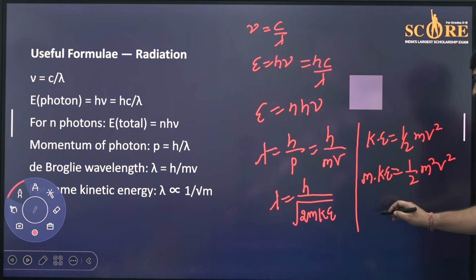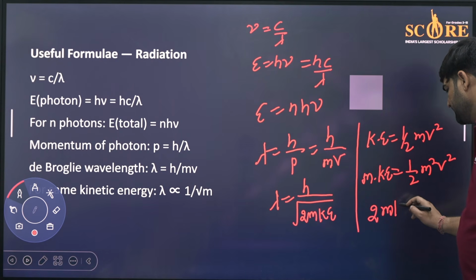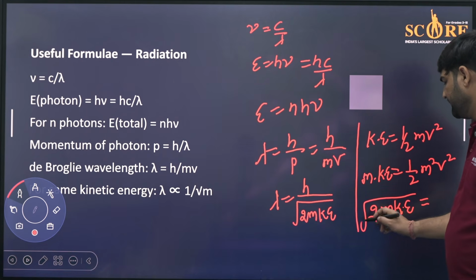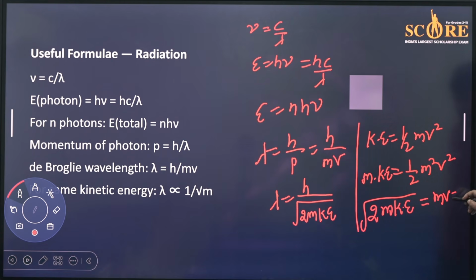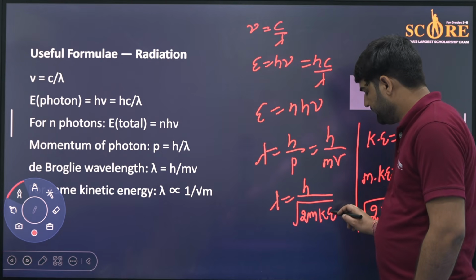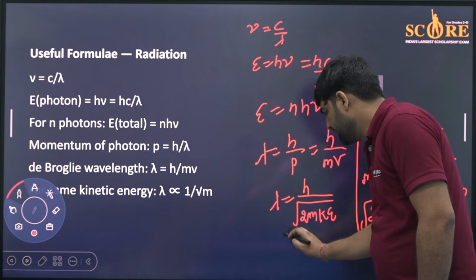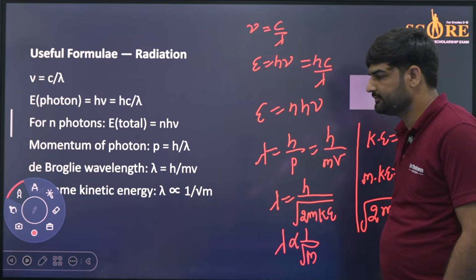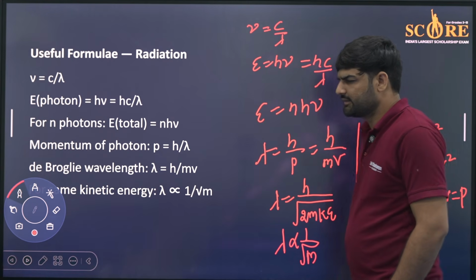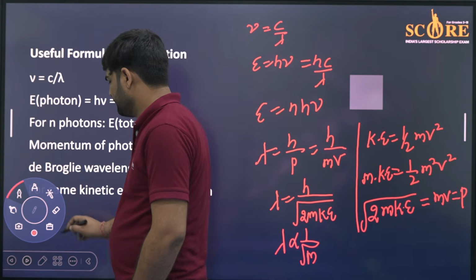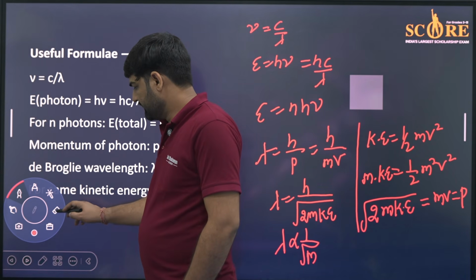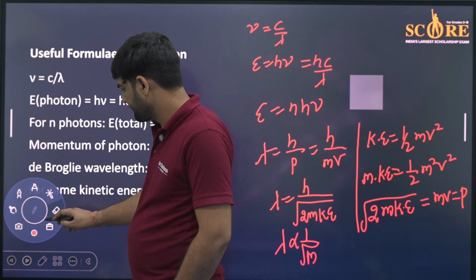You have to multiply by 2 m kinetic energy. This will be mv, and mv means momentum. So if kinetic energy is same, constant, then you can write lambda equals h upon root 2m. So these are some basic formulas related to atomic models.